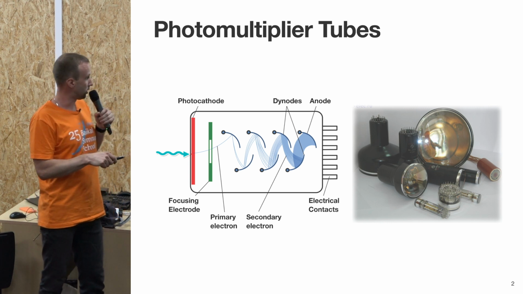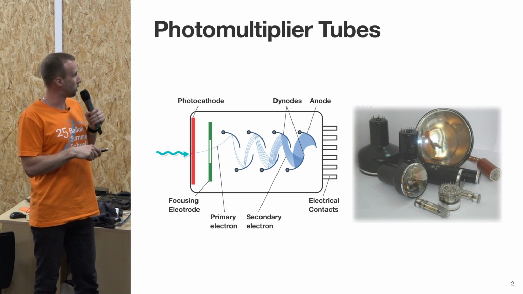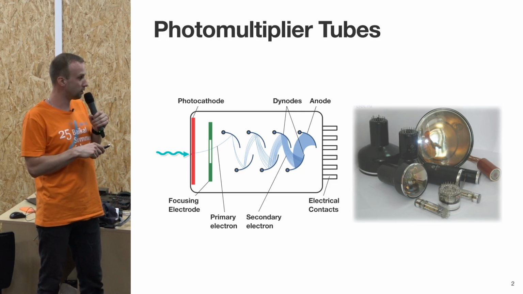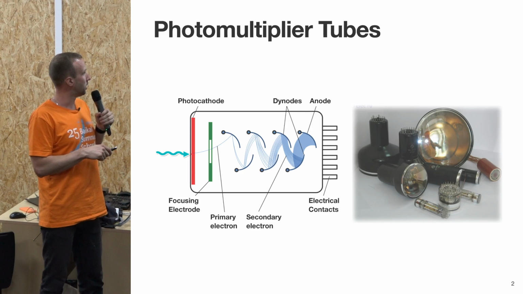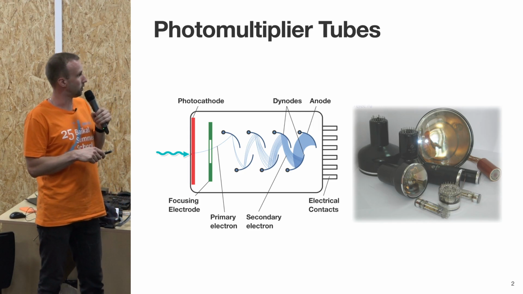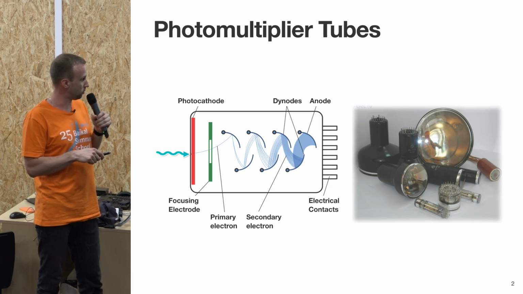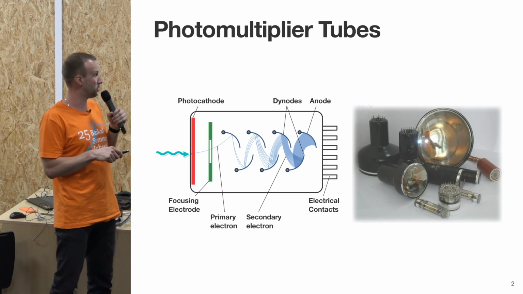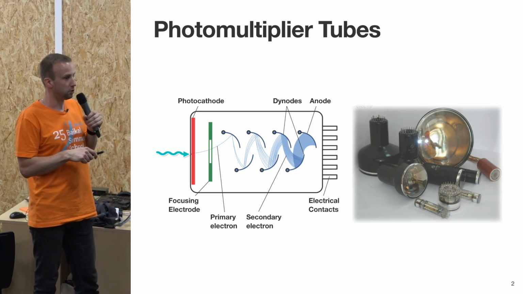Those tubes are very sensitive to the light. They can detect, as I said, single photons in a very broad wavelength range, let's say starting from 300 nanometers up to 800 nanometers.